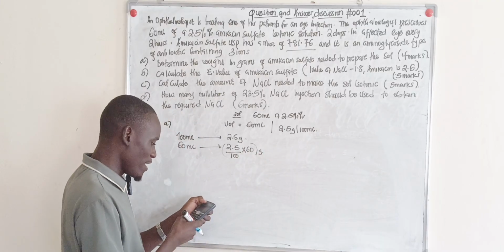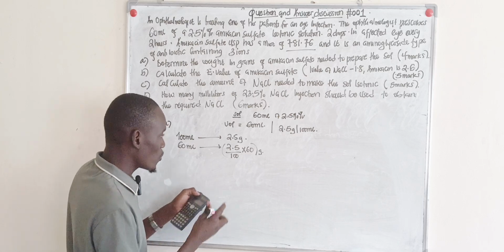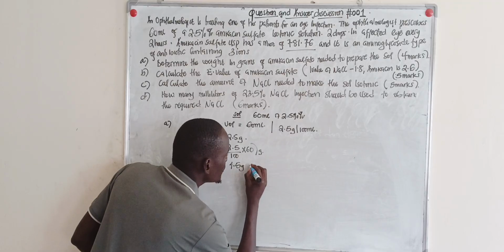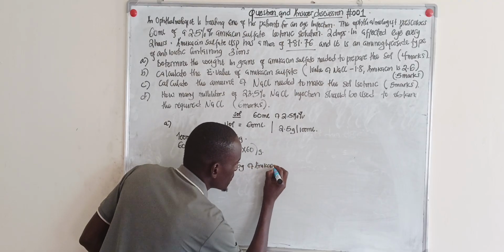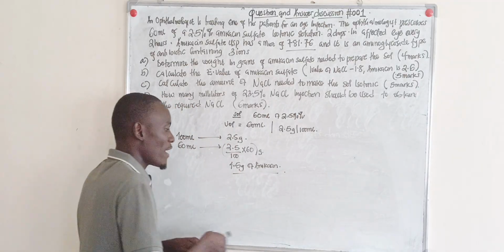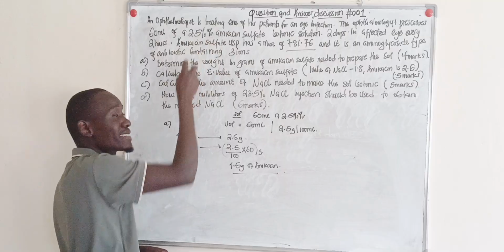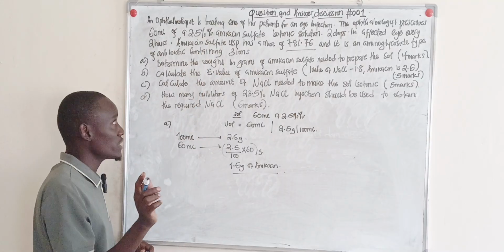So 2.5 divided by 100 times 60, we shall get 1.5 grams of amikacin sulfate. So this is the weight of amikacin that is required in 60 mils, and that is our part A of the question.